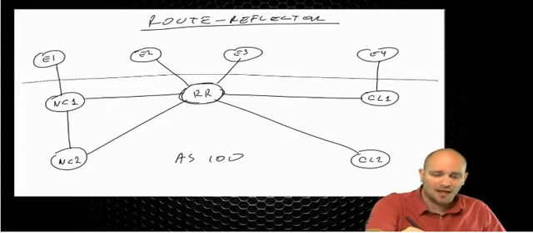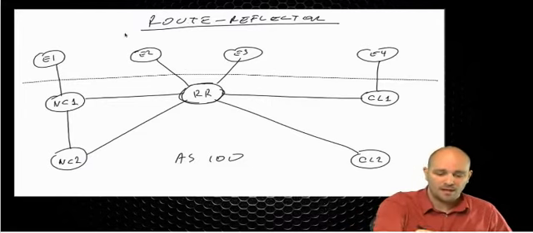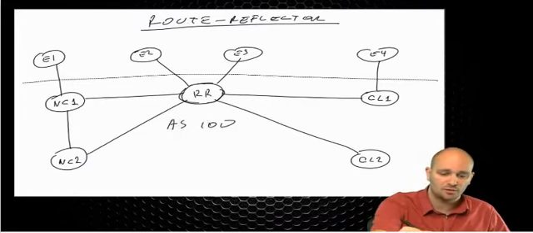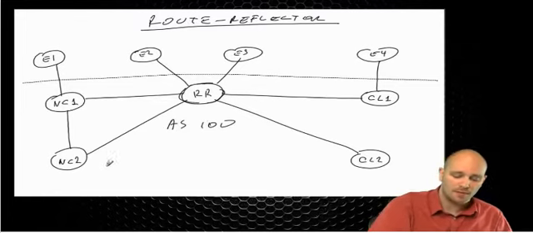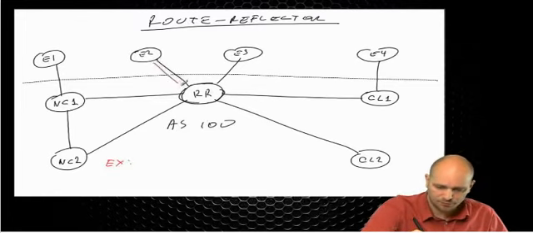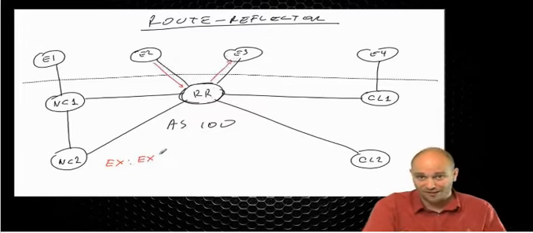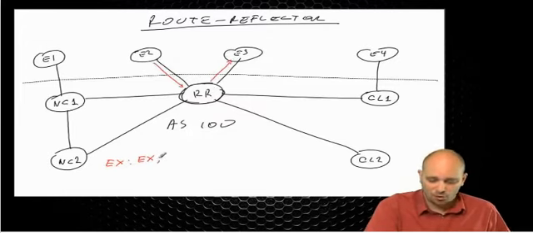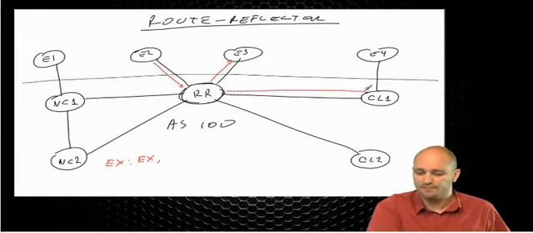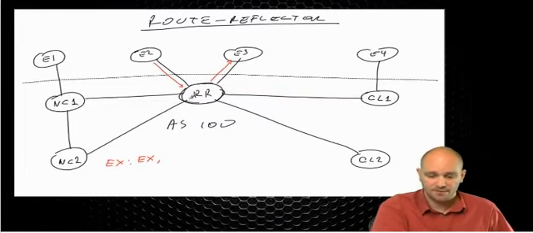Now, let's see what happens on the route reflector when it receives a route from an external peer. So, an external peer sends the route to the route reflector. This route will be advertised to external peers. It will also be advertised to clients.